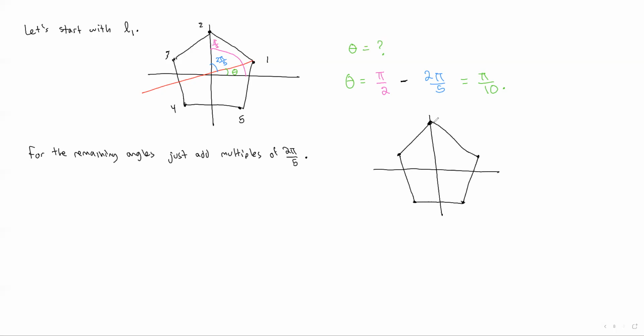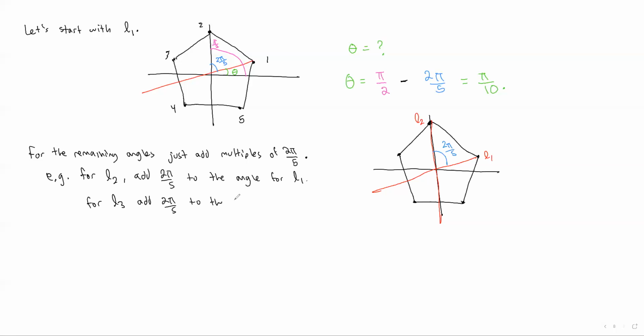For L2, add 2 pi over 5 to the angle for L1. For L3, add 2 pi over 5 to the angle for L2, and so on. So I'll record this information in the table.